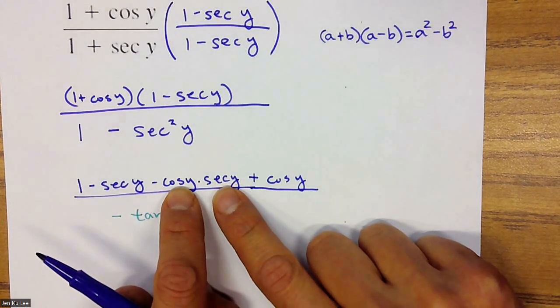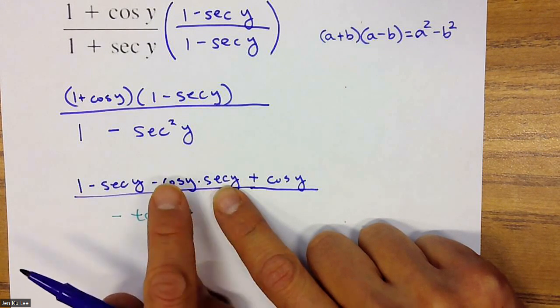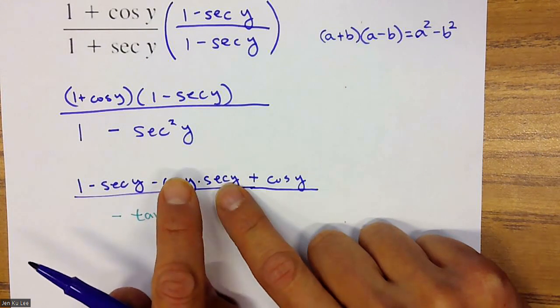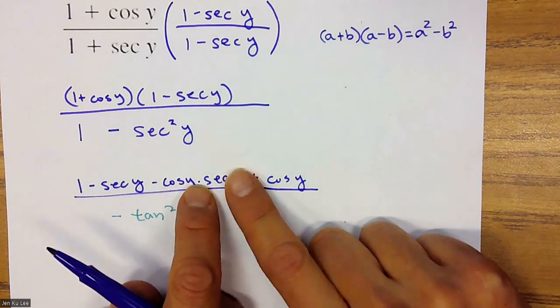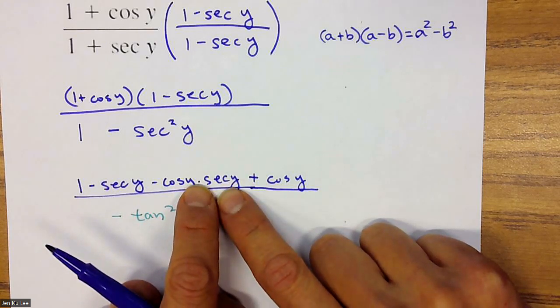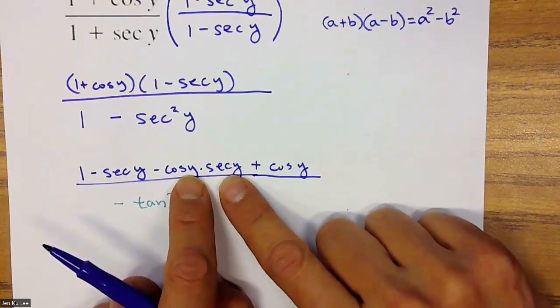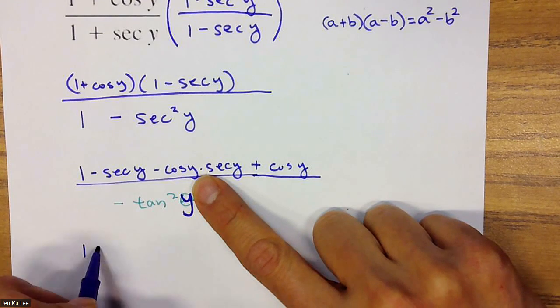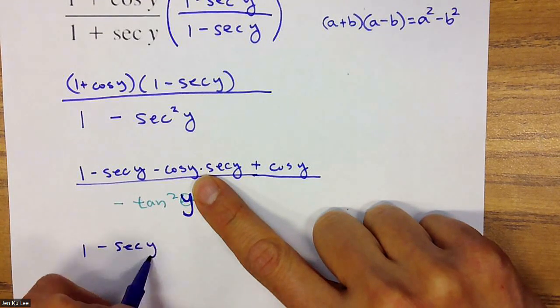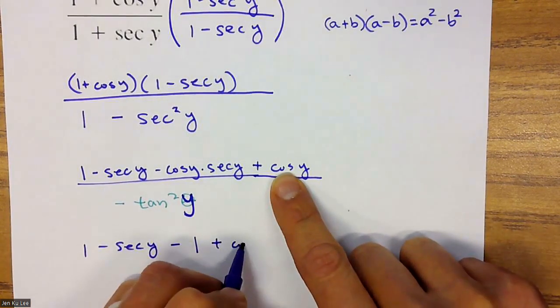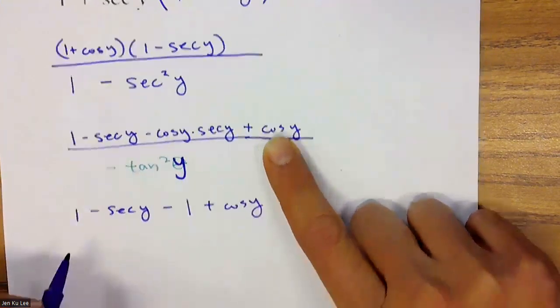This secant y is the reciprocal of cosine, right? So what is cosine times 1 over cosine? Yes, it's 1. Okay? So it's 1 minus secant y minus 1 plus cosine y.